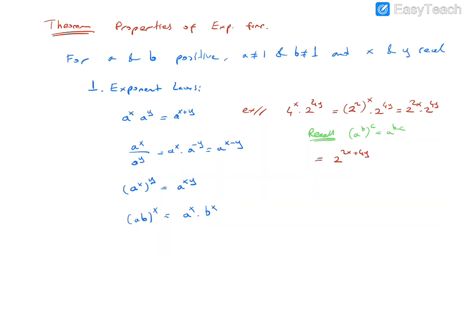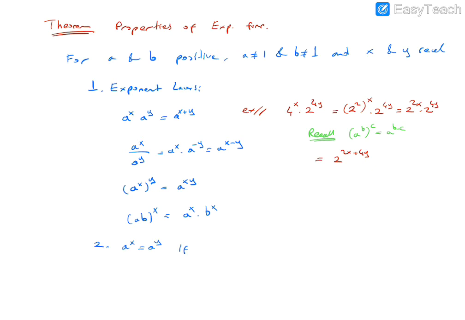And the second rule, or law, you can say, it does not matter. If a to the power x equals a to the power y, since the function is continuous and one-to-one, there is a unique solution.